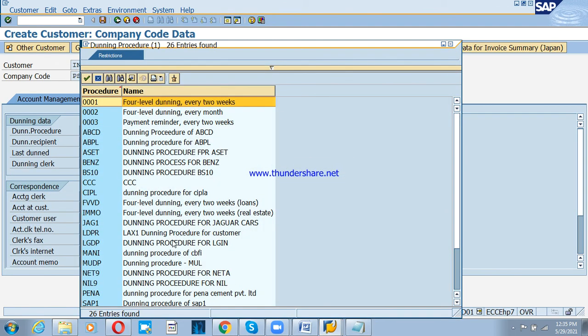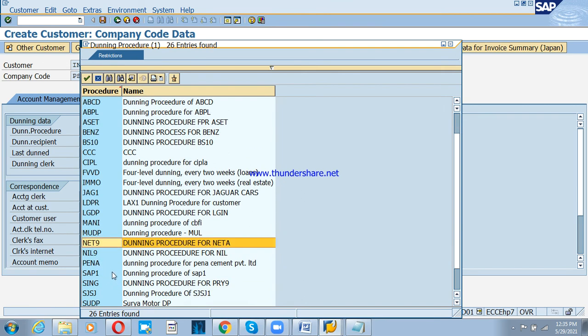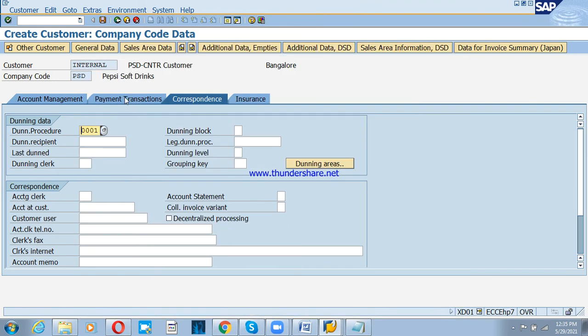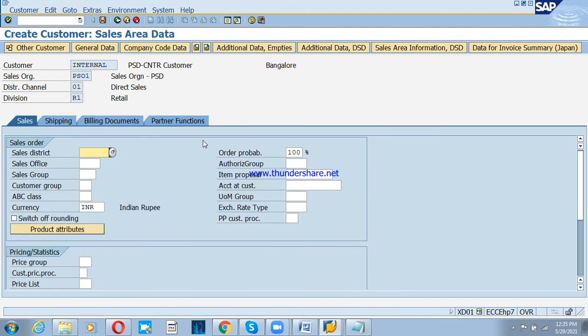Correspondence I don't think so. Dunning, not yet done, I think. No, Dunning is not there, so I can use this one, no problem. Then if you observe, we are having one more option called sales area data. Click on sales area data. Okay, sales office, I think we have created a sales office, not maintained.